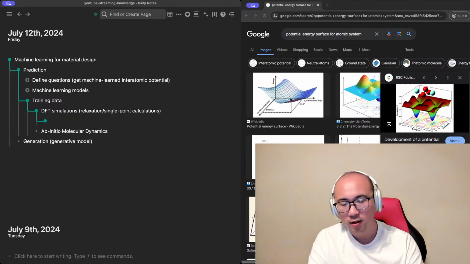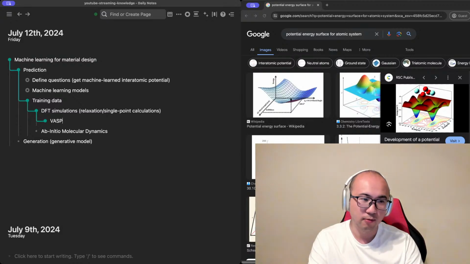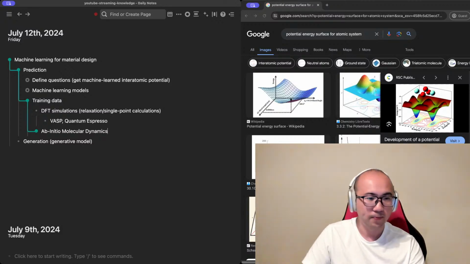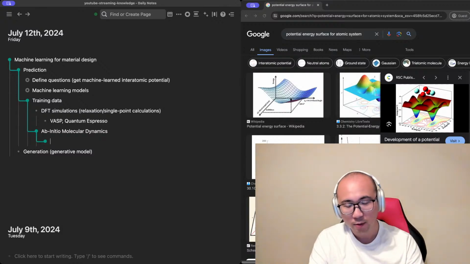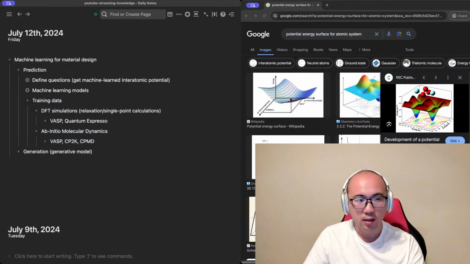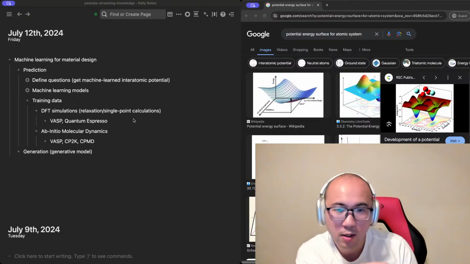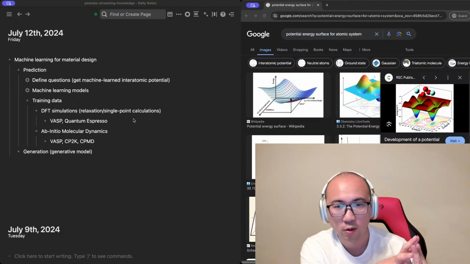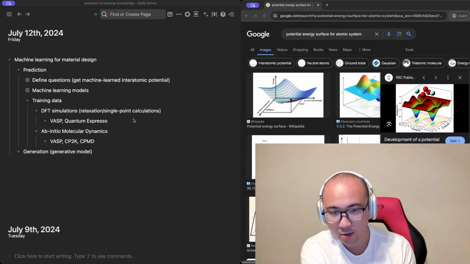For example, for the DFT simulations, you can use VASP or Quantum Espresso. And for AIMD simulations, you can use VASP or CP2K, or maybe CPMD. So these are the software packages that you can use to do those kinds of simulations.